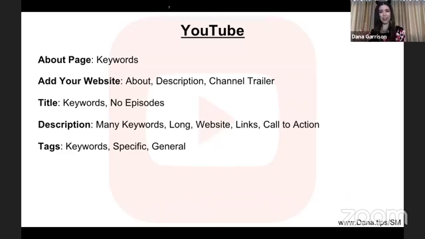The tag is called how to bake a cake. The next tag is how to bake a chocolate cake. So those are tags. Use your keywords in there, and then you can also use specific keywords like how to bake a chocolate cake. And then you can use general keywords like tutorial, cooking class. These are general terms for what your video is about.